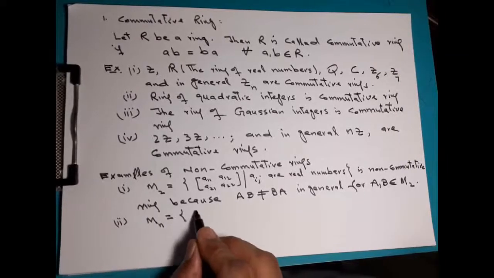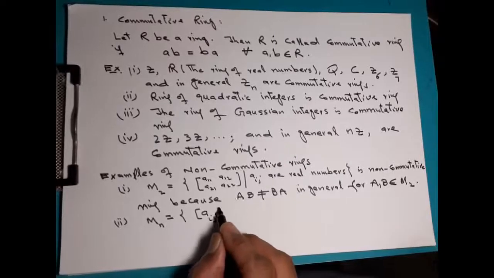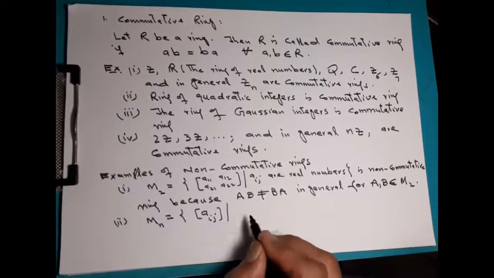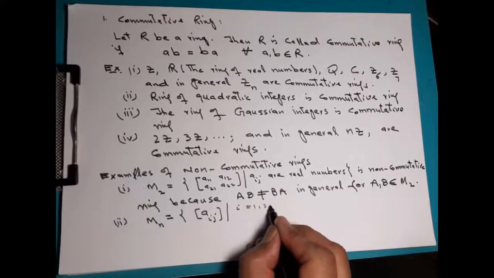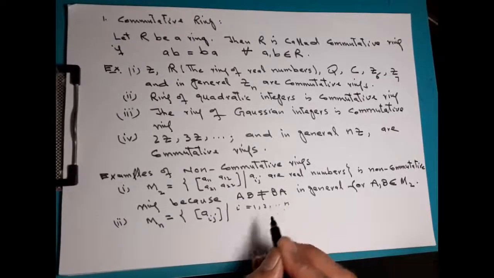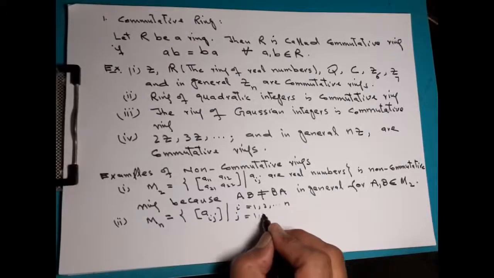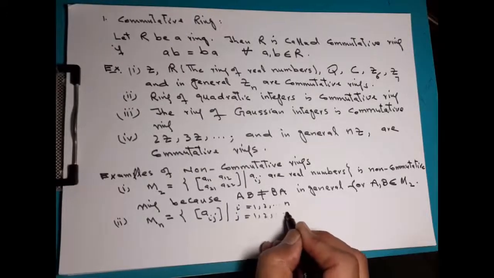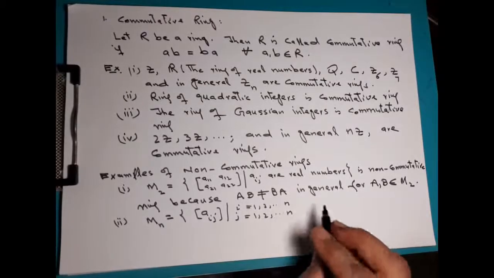So Mn is equal to aij such that i is equal to 1, 2, up to n, j is equal to 1, 2, up to n, and the aij are real numbers.